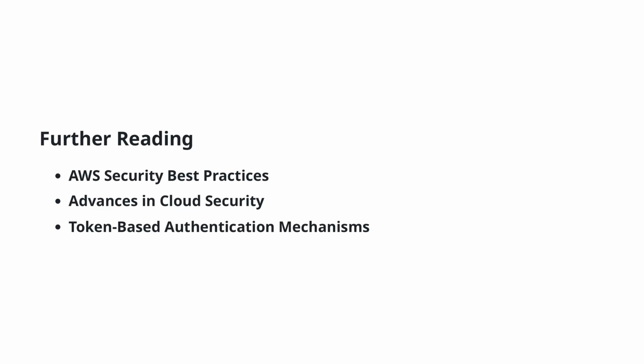Lastly, token-based authentication mechanisms is essential reading to thoroughly understand this key aspect of security, especially in today's distributed and service-oriented architectures. These resources are instrumental in deepening your understanding and ensuring robust security practices in your cloud infrastructure.